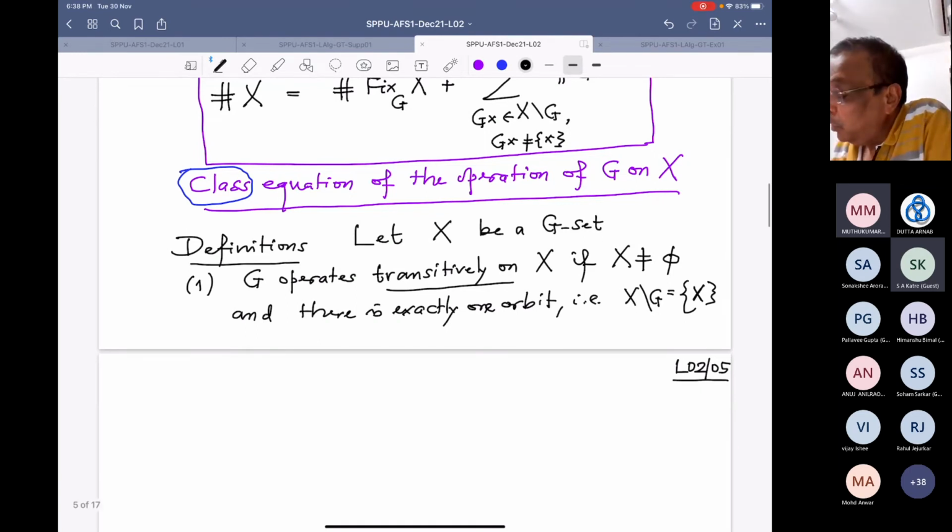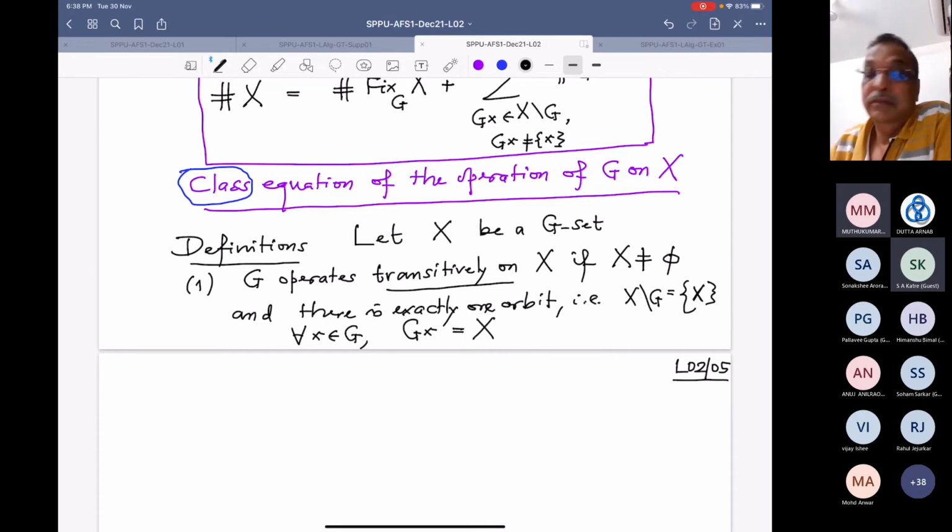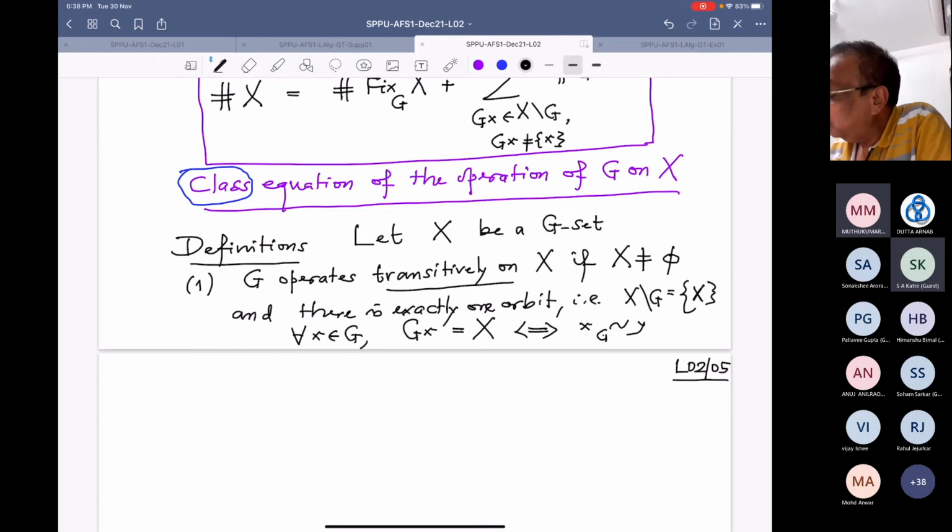That means for every x in X, the orbit of the small x has no choice, but it is capital X. Or equivalently, x is related to y under this equivalence relation for every x, y in X.